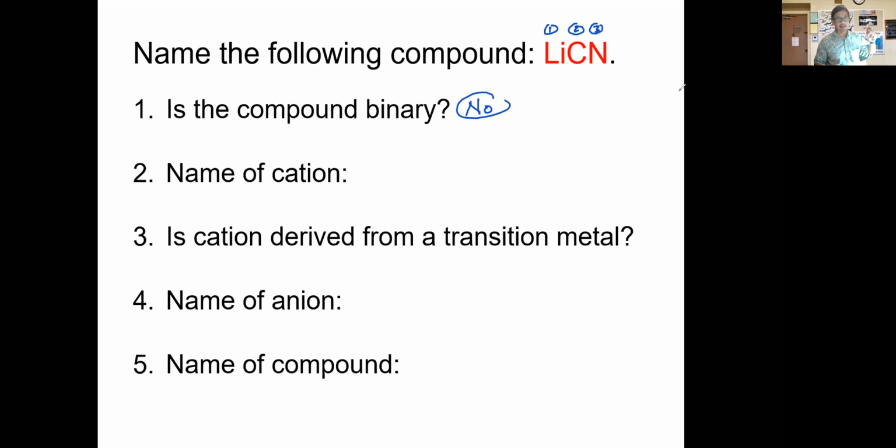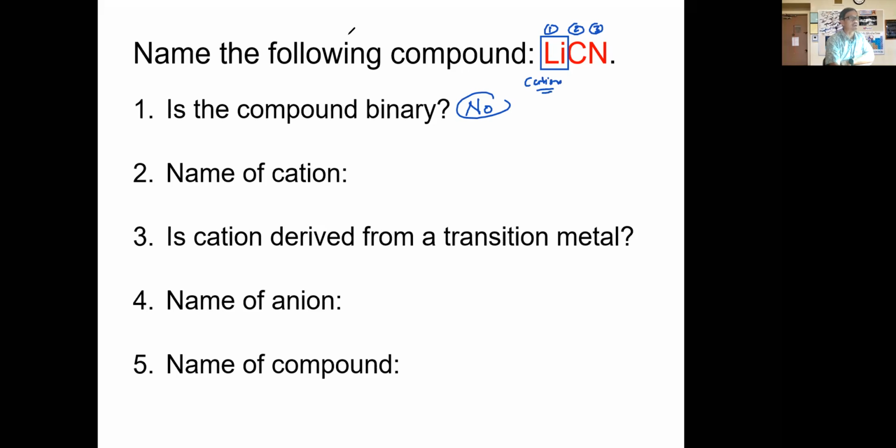And that is, name the cation. Remember, the cation will always be the metal ion, and if you notice, here is the metal ion right here. So we identify that. Lithium is our metal ion, so that must be the cation. Remember, all metals will always be cations.